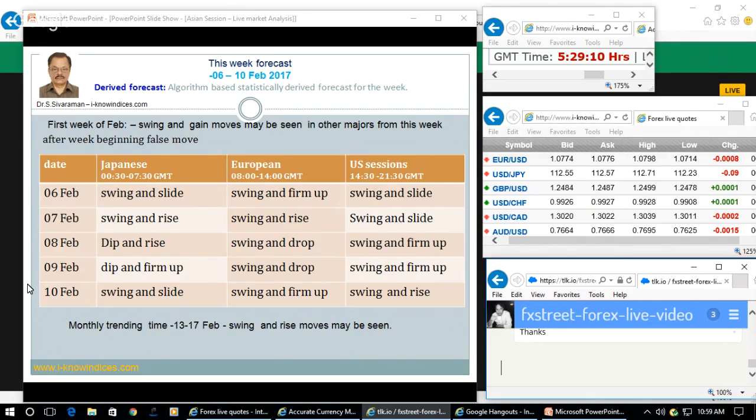So try to keep the focus copy with you and see session-wise how they are making the moves. This week they will gain the levels and then suddenly drop before making another rise. As I told you, they will just gain the level quickly, book profit, and then drop again to buy back. So those who have taken the higher level buy after the rise will liquidate. So wait for Monday, today being the week beginning false move.